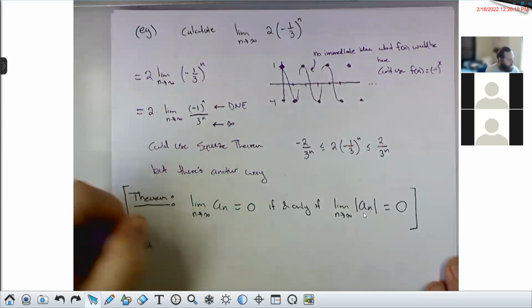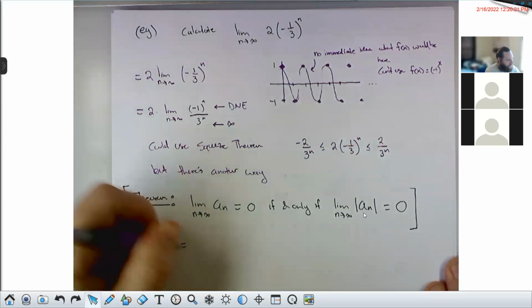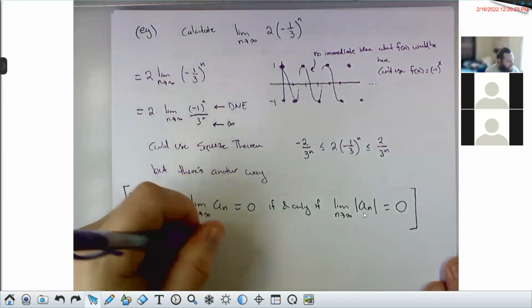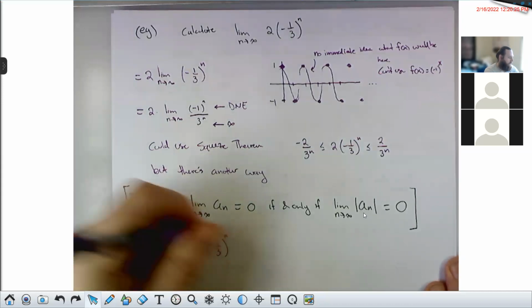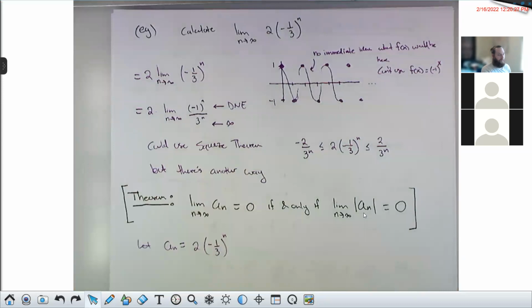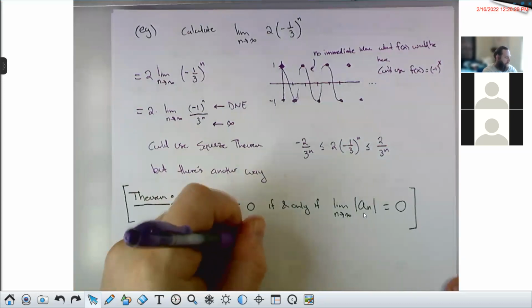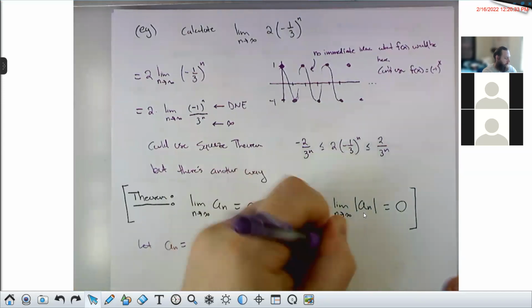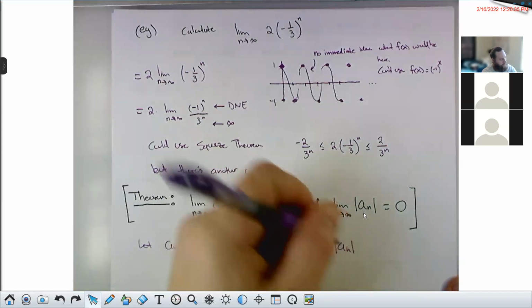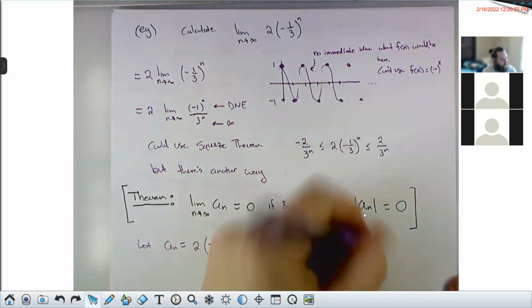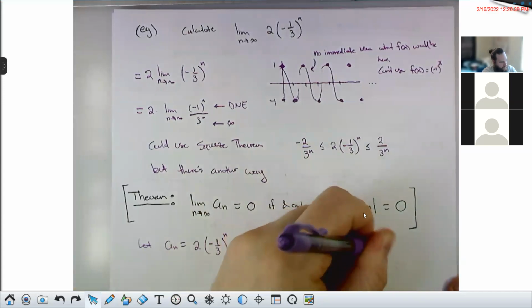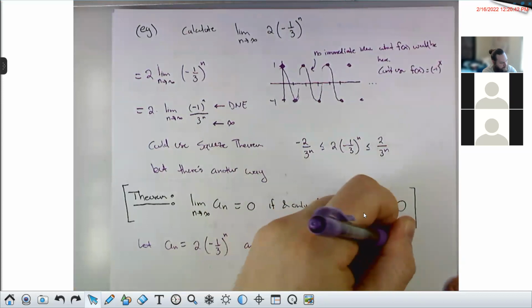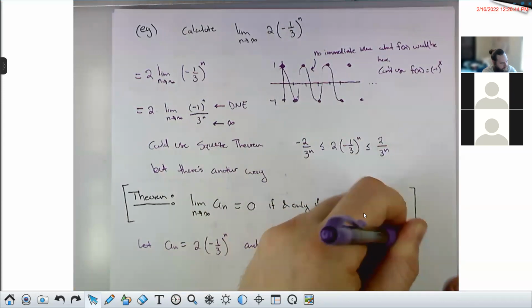So returning to that example, I'm going to just let a_n be 2 times negative 1/3 to the n, and choose to work with the absolute value of a_n instead, which would be the absolute value of 2 times negative 1/3 to the n.